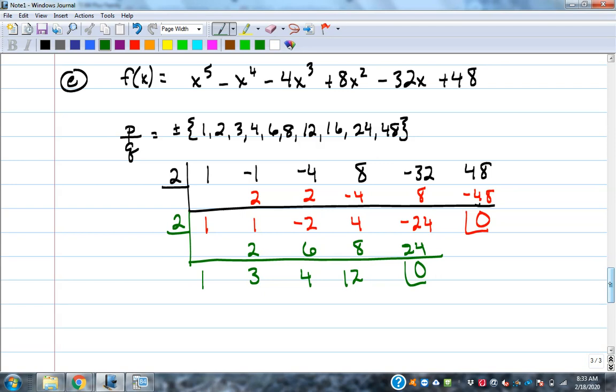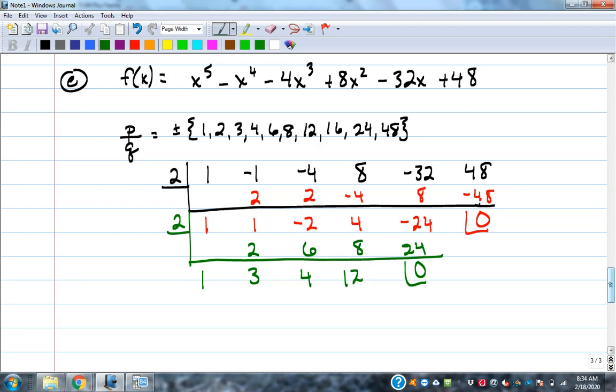So my question is, do I use the 2 again? What happens if I do? Well, if I use it another time and it works, then I know that it's going to be used a 4th time, right? Because remember, we said it either had a multiplicity of 2 or a multiplicity of 4.